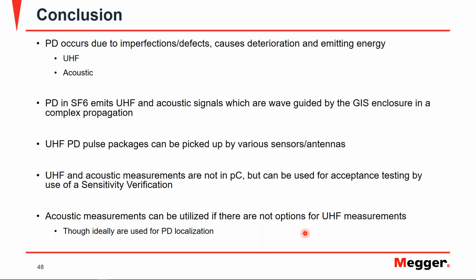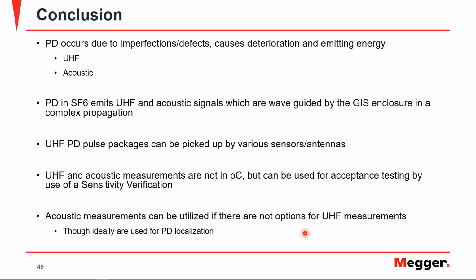The UHF PD pulse package can be picked up by various different sensors. As we talked about, this can be our window sensors, our external flange sensors, or, if available, the embedded sensors that offer the best signal-to-noise ratio. UHF and acoustic measurements are not measured in picocoulombs and therefore cannot be calibrated. But the UHF can be used for acceptance testing by your sensitivity verification that we briefly covered in this presentation.